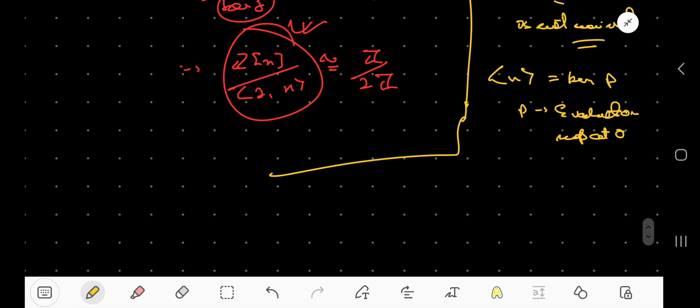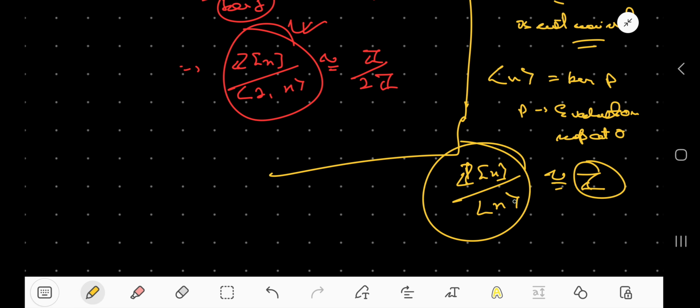If you carefully observe, it's indeed a surjective map. So simply I can say that Z[x] mod the ideal generated by x is isomorphic to Z by the first isomorphism theorem. Z is not a field, so this is not a field, hence this is not a maximal ideal, right?